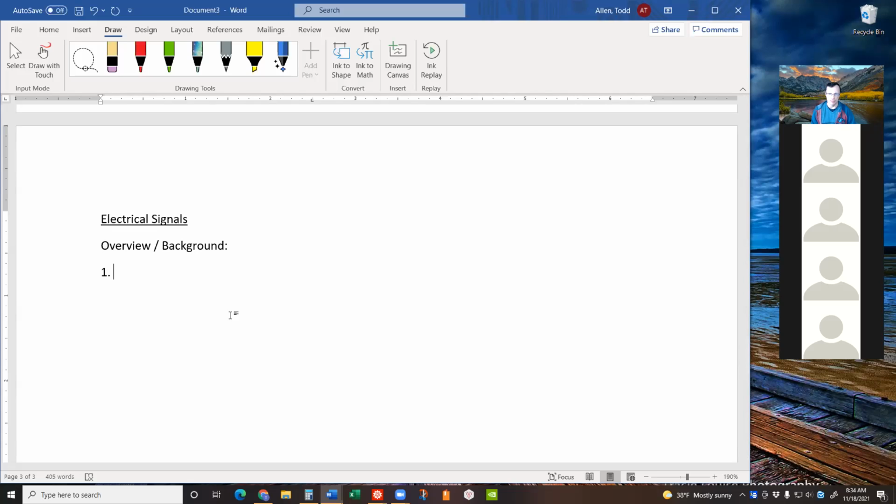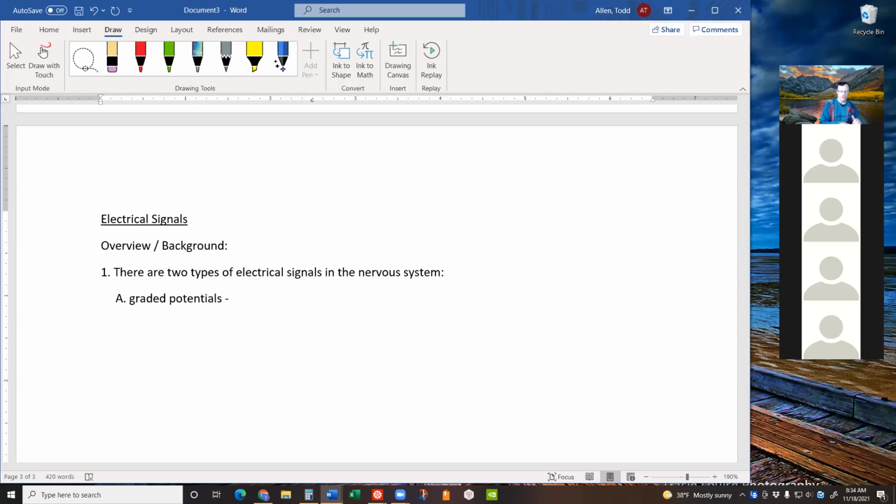It's called a graded potential. So there are two types of electrical signals in the nervous system. They are graded potentials.